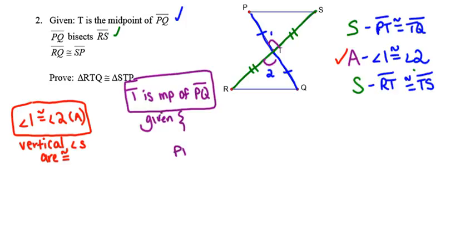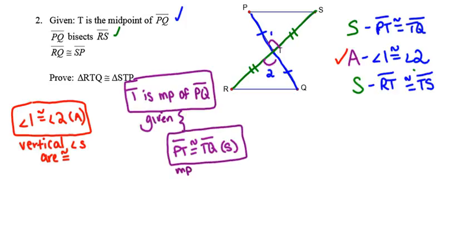But that midpoint is what makes segment PT congruent to segment TQ. There are a pair of congruent sides in the triangles I'm trying to make congruent, so I'm going to mark them with an S. And the reason here is that midpoint makes 2 congruent segments. And now I can go back to my little checklist and check that off.